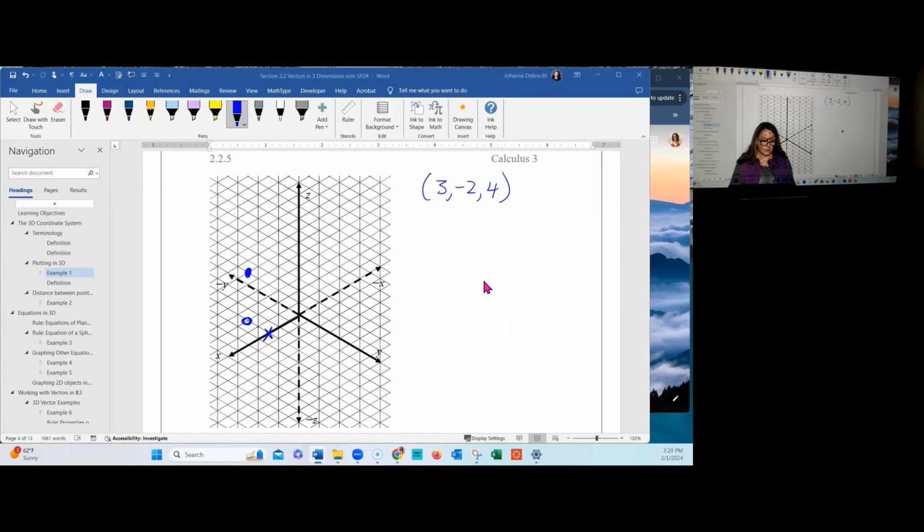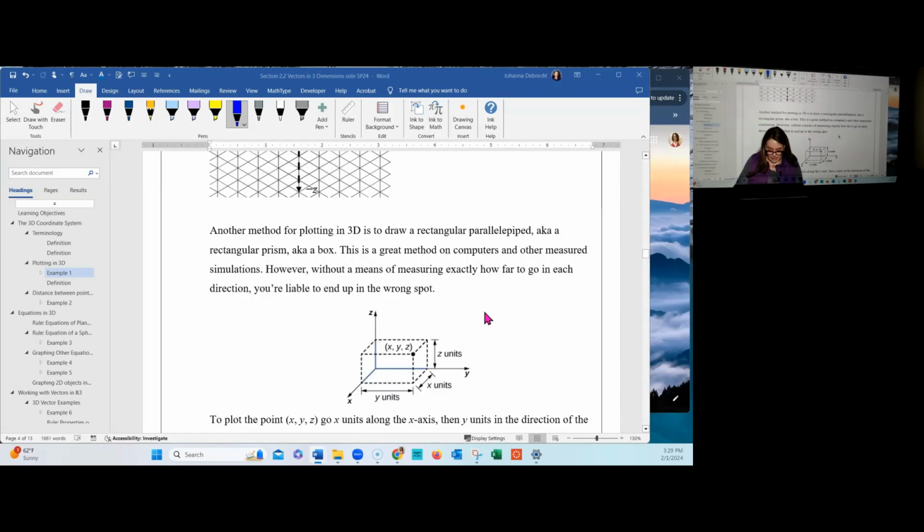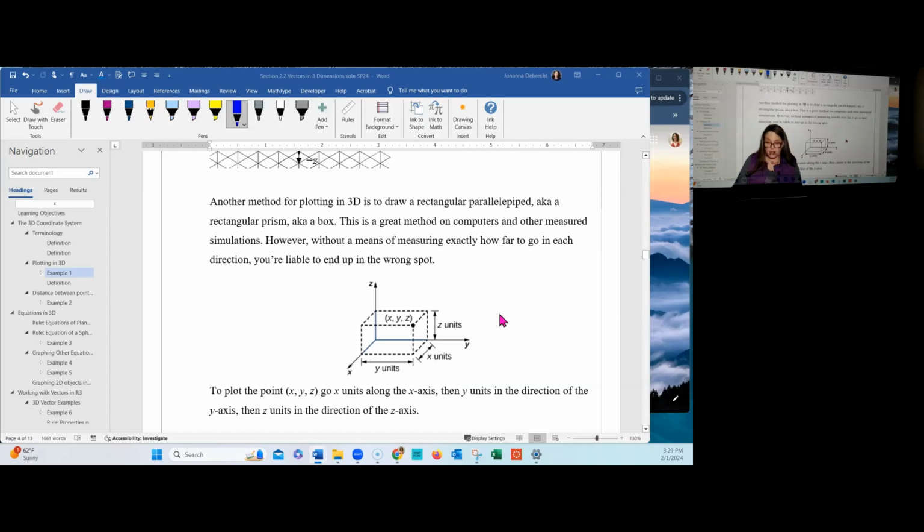So there's another method, of course, of plotting this, and that would be plotting it in what is drawn as a rectangular parallelepiped. In other words, a box, right? A rectangular box. You can see that in this case, these 4 edges here are all parallel to the positive x-axis.